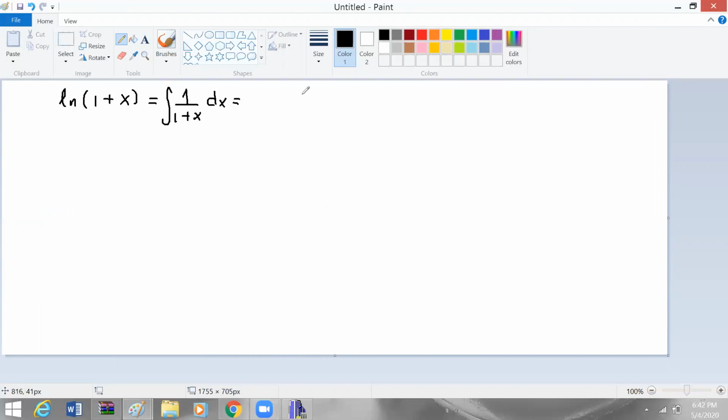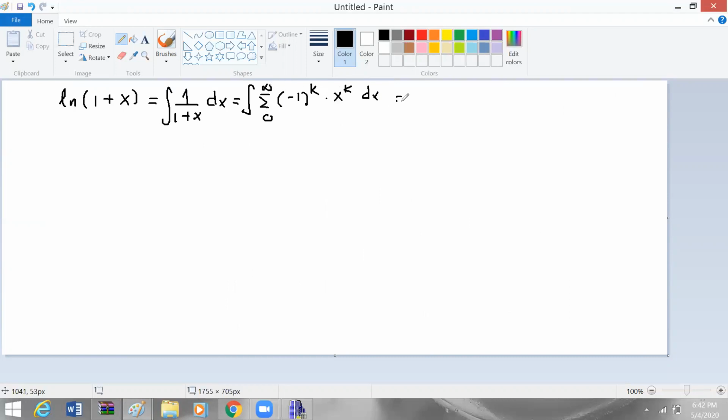So just rewrite the integration of -1 raised to the k times x to the k. So this is what we need to figure out. And the integration of that part starts from k equals 0 to infinity.